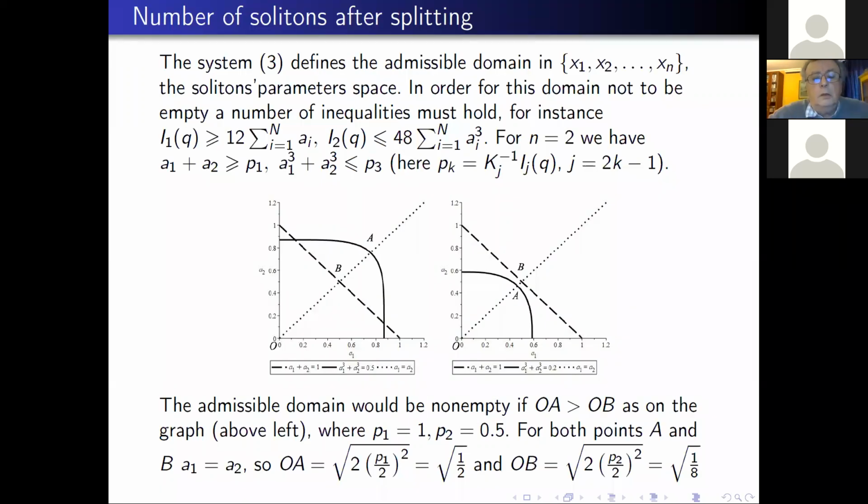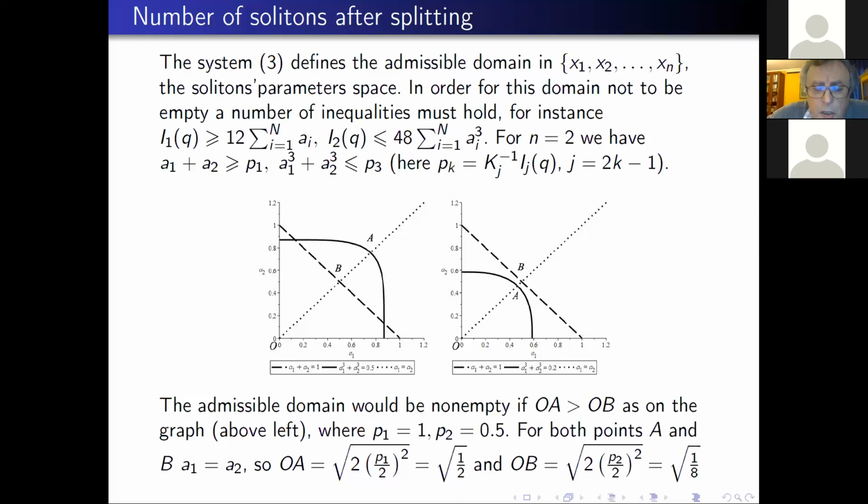Of course, it's very simple, and let us see how it works for the two splitting solitons. Why does this cubic curve not intersect this line? That is why these two inequalities have no common points.